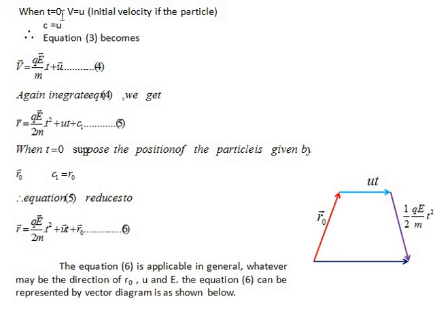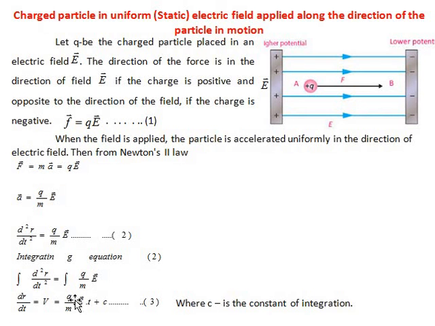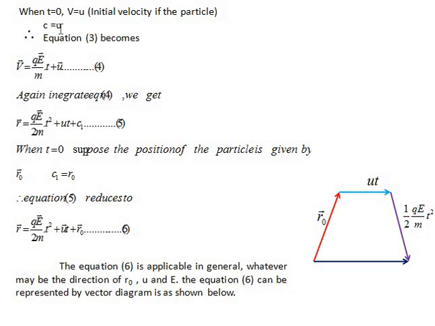At time t is equal to 0, v becomes equal to u, that is the initial velocity of the particle. So when you substitute t is equal to 0 in this expression, this term gets 0 and v becomes equal to c. So c becomes equal to u. Therefore, equation 3 becomes v is equal to qE by m into t plus u. Call this equation number 4.